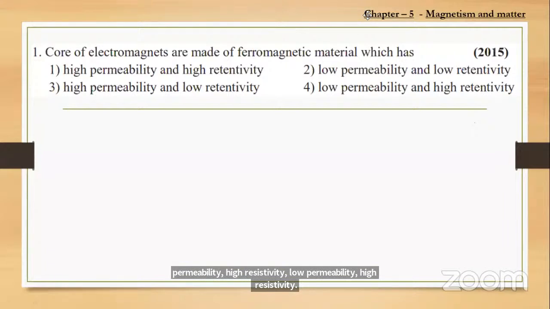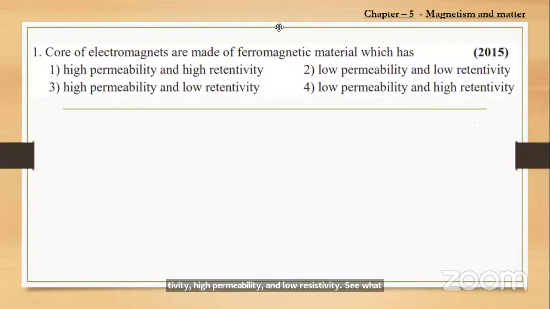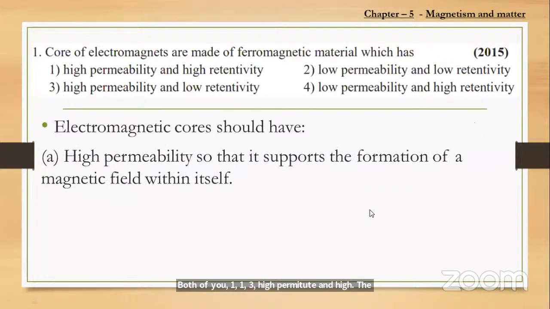So someone has raised a hand. Okay, students, if you know the answer, you answered, both of you, option 1 and 3, high permeability and high coercivity. The answer for this one is option A. Electromagnet cores show high permeability, so that it supports the formation of a magnetic field within itself.